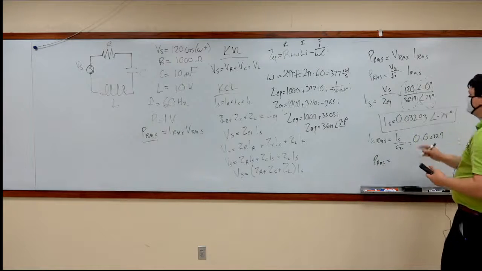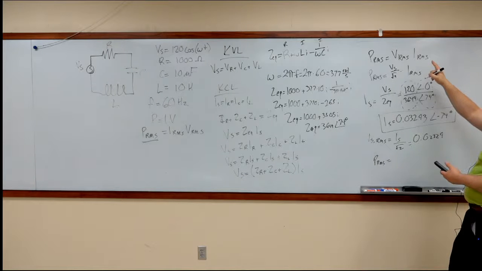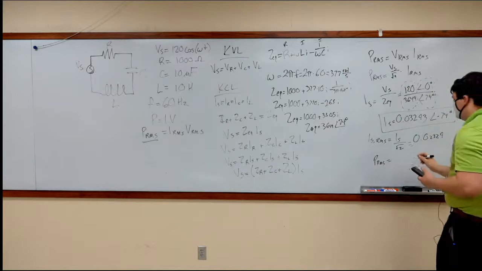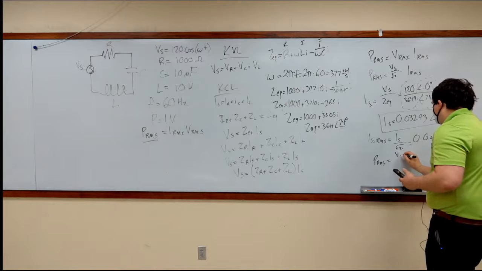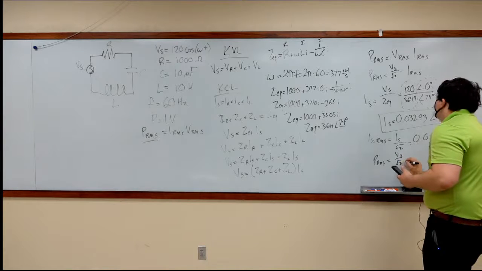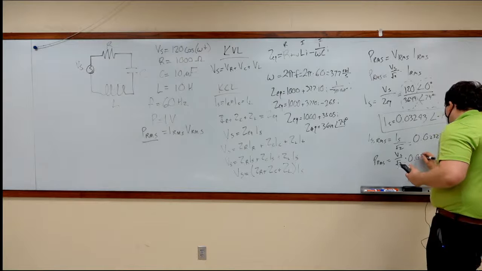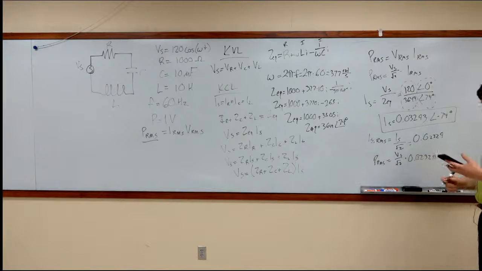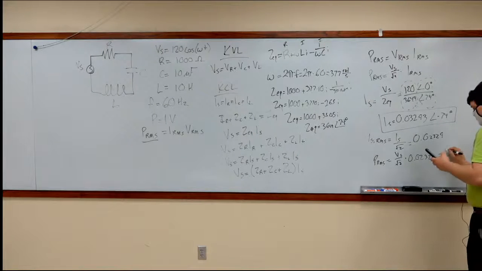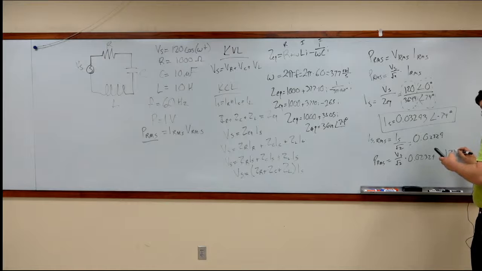Which means that PRMS is equal to VS over the square root of 2 times 0.02329 times VS over the square root of 2. Oh, this is just equal to, the whole thing is equal to 133 point, nope.